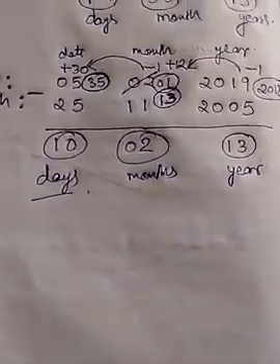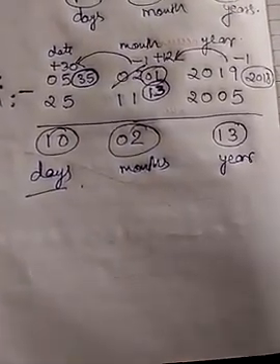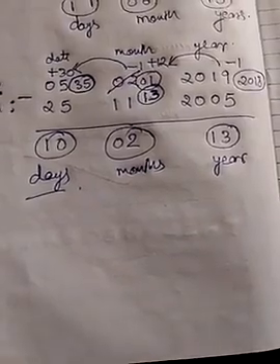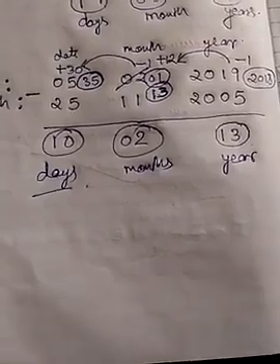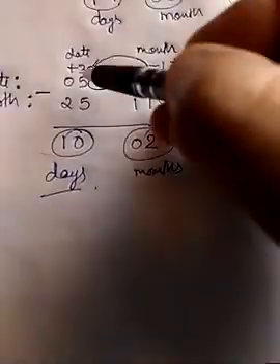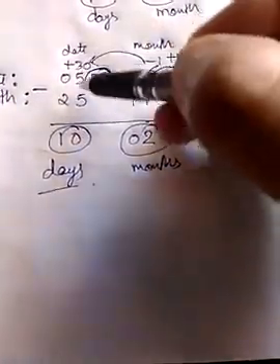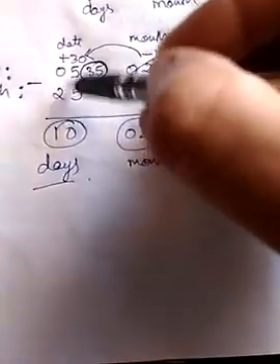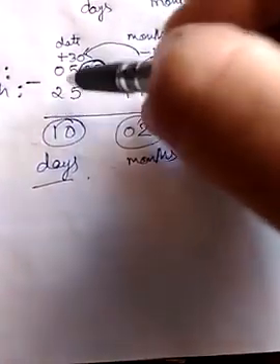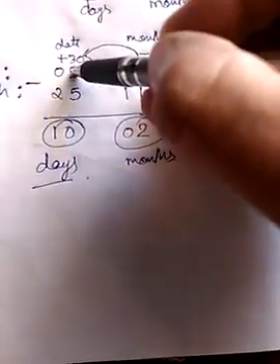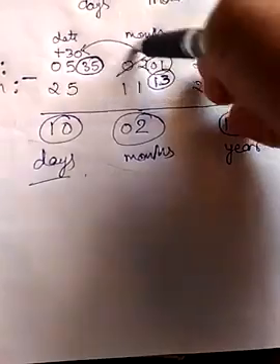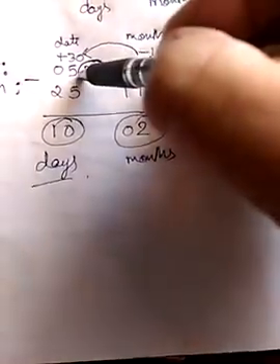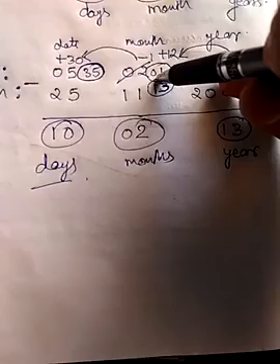So let us revise the logic. The logic behind finding the age of the person is you have to subtract the birth date from the current date. First you need to subtract the date. If the current date is smaller than the birth date, means if birth date is more than the current date, you will not be able to subtract it. Then borrow 30 days from the month. So add here 30 and subtract the month by 1.